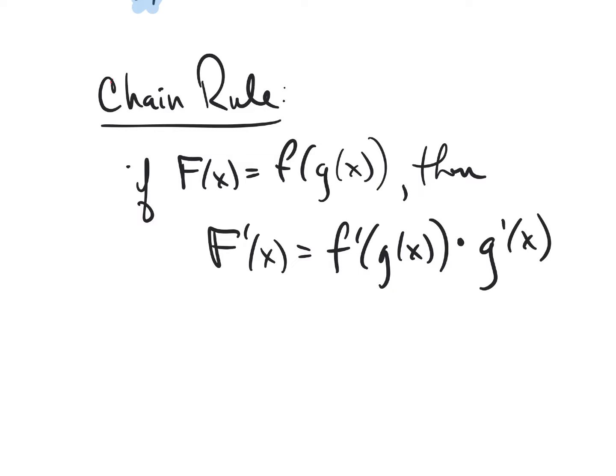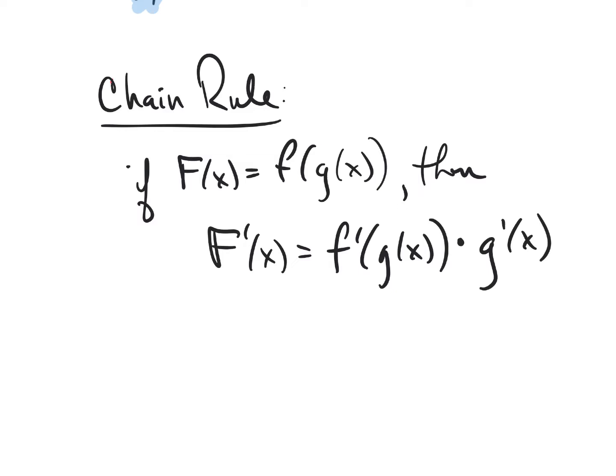That's called the chain rule. What we do is we take the derivative of the outside function, leaving the inside function alone, and then we multiply by the derivative of the inside function. Okay?